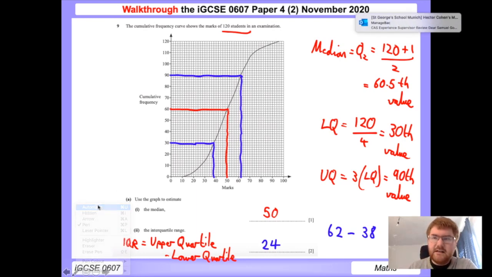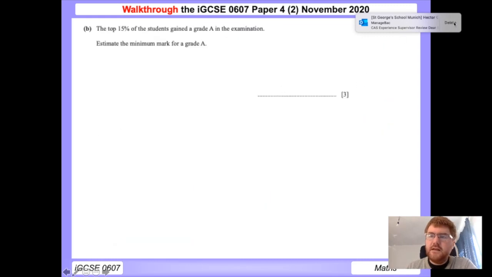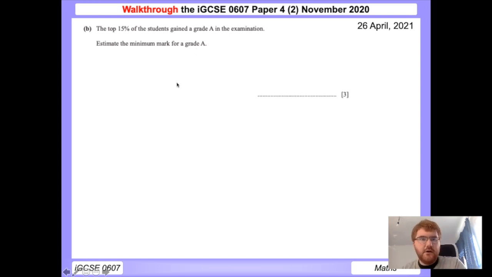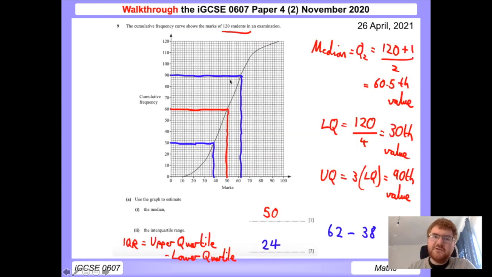Right, let's have a look at question B. The top 15% of the students gained a grade A in their examination. Estimate the minimum mark for a grade A. What we would do here is essentially look for the 85th percentile.